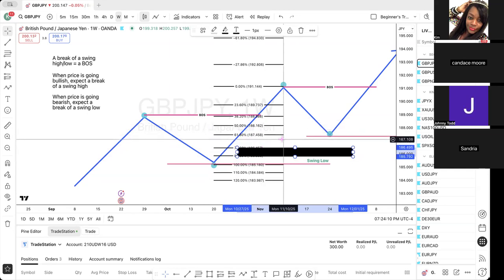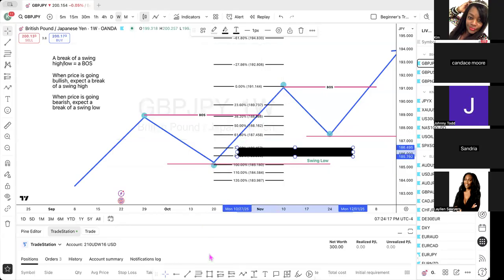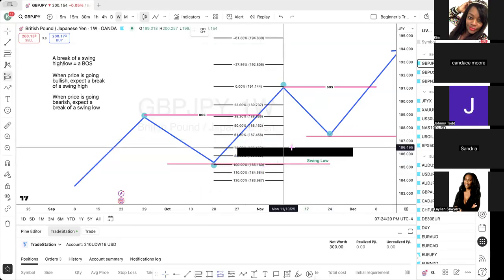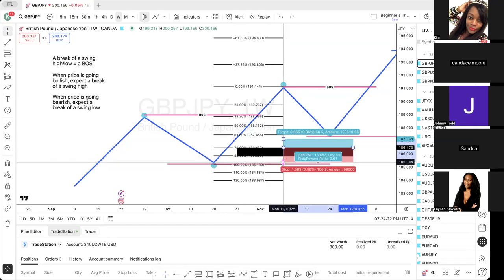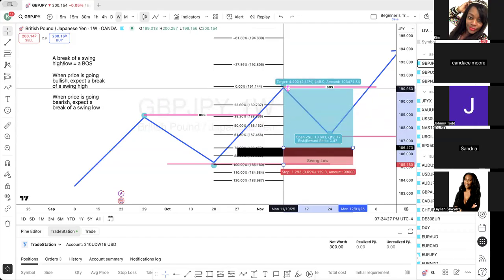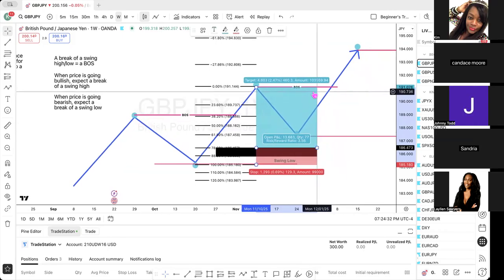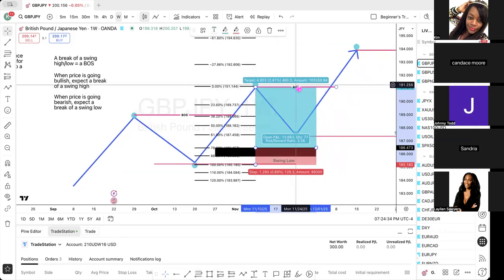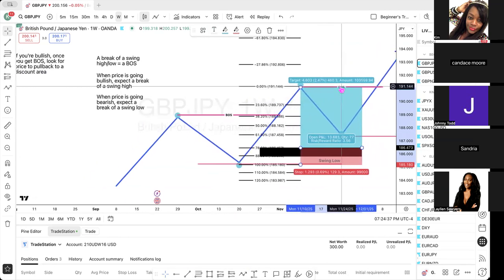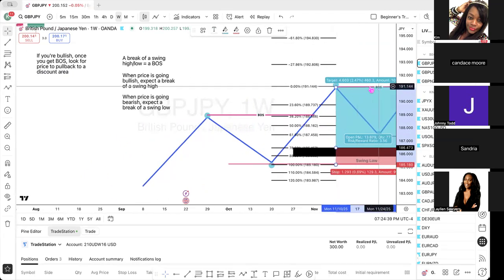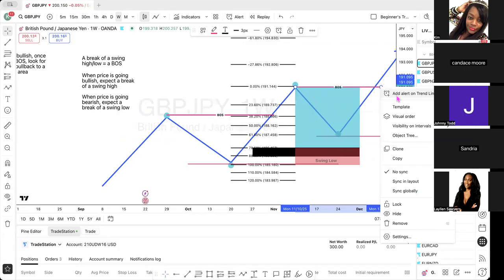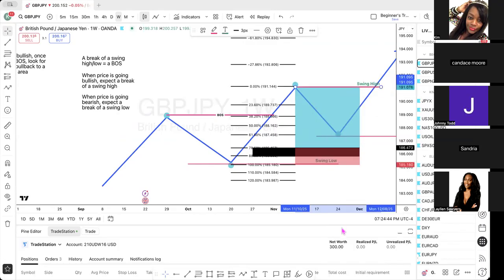I know that once price pulls back to my optimal trade and entry and I take it, so let's just say this was the optimal trade and entry, I'm going to cover my swing low, and then I'm going to take it to my swing high. So this was a swing high before it was a break of structure. So let's just pretend that's our swing high. Let me change it so everybody can see, okay?